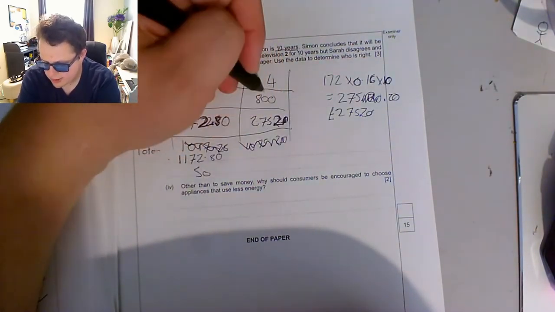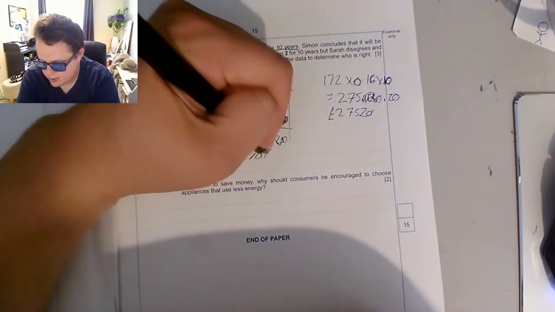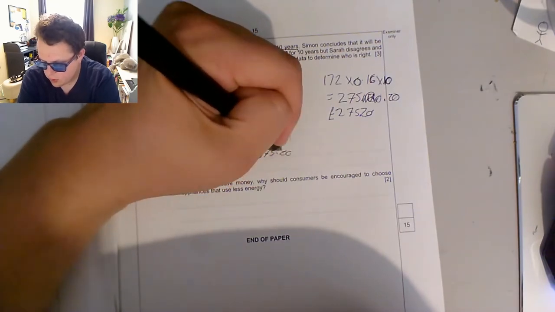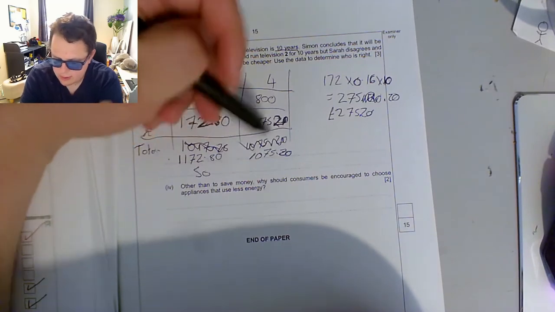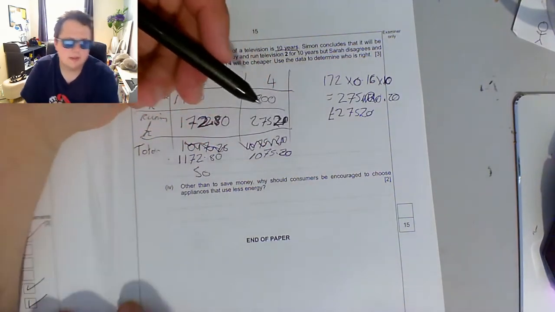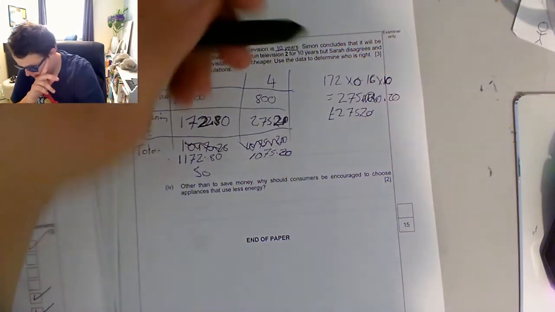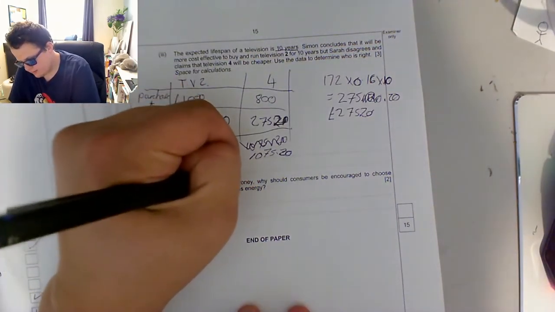So if we add up this number, this tells us that for TV4, the total cost is £1,075.20. So Sarah is correct.